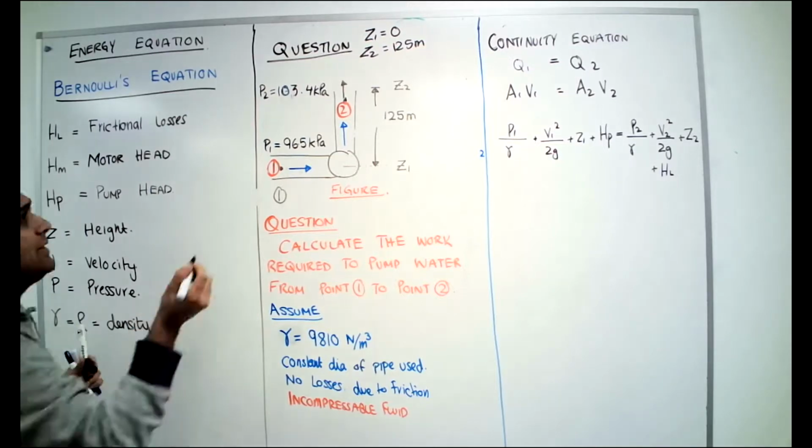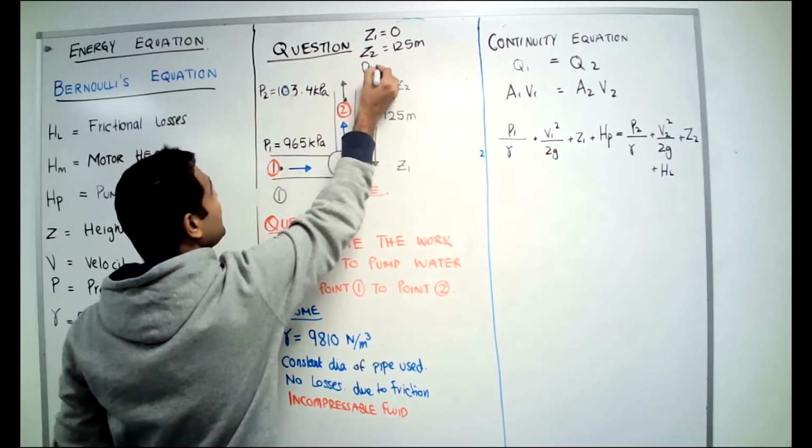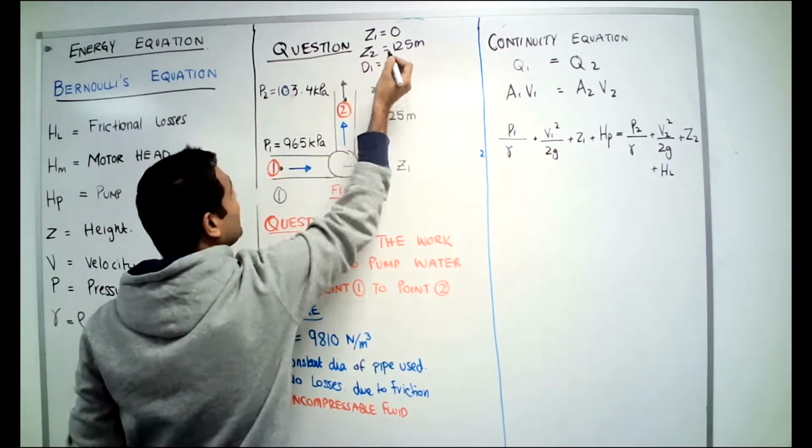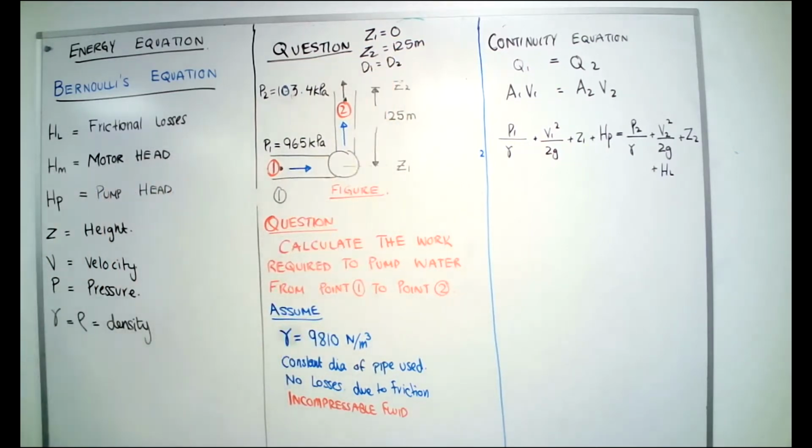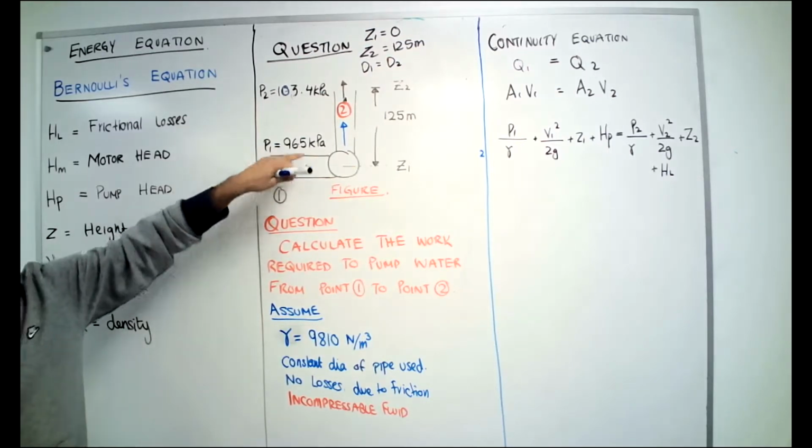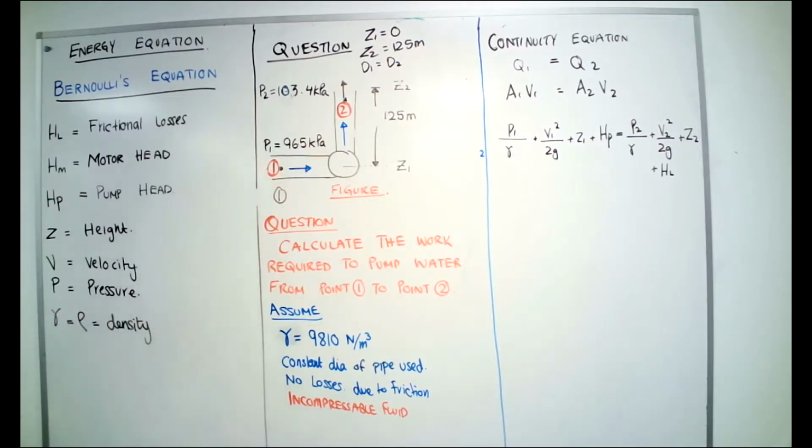We also have the diameter, but D1 equals D2. Both diameters are same, which means the area of the pipe here is same as the area of the pipe on the other side. So we can use that. First thing we need to do is find out the HP.